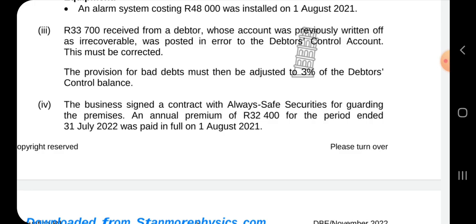It's August, September, October, November, December, January, and February. So 7 months are within the financial year. So we're going to say 12 months, subtract the 7, and we'll have 5 months which are paid in advance.